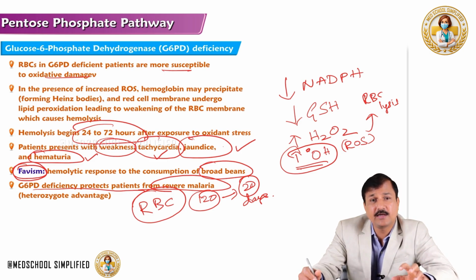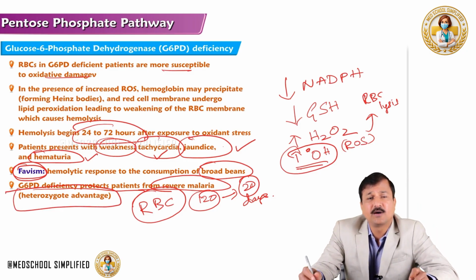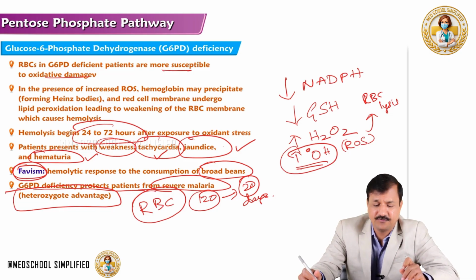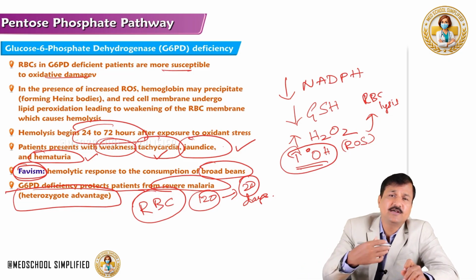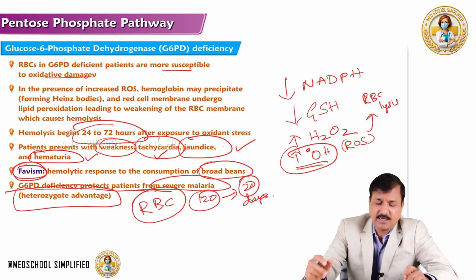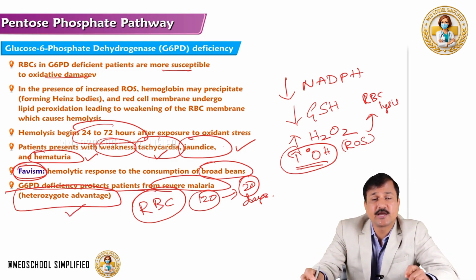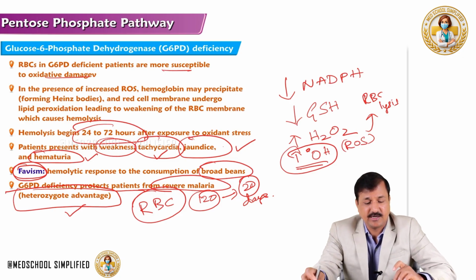That's why the severity of malaria decreases in glucose-6-phosphate dehydrogenase deficient patients. This less severe malaria seen in G6PD deficient patients is kind of an advantage for these patients, who are protected against severe malaria. That concept we call heterozygote advantage. So just have an idea about it.